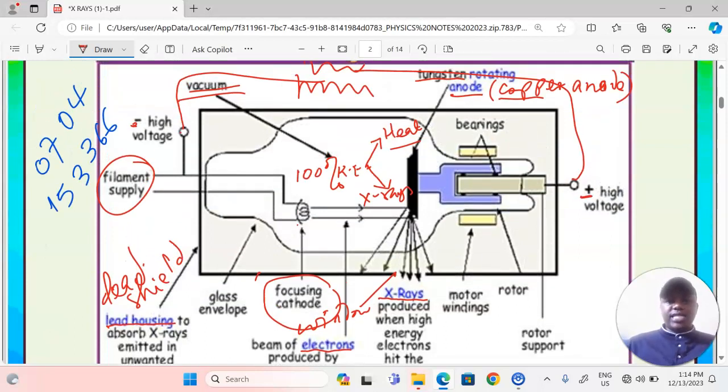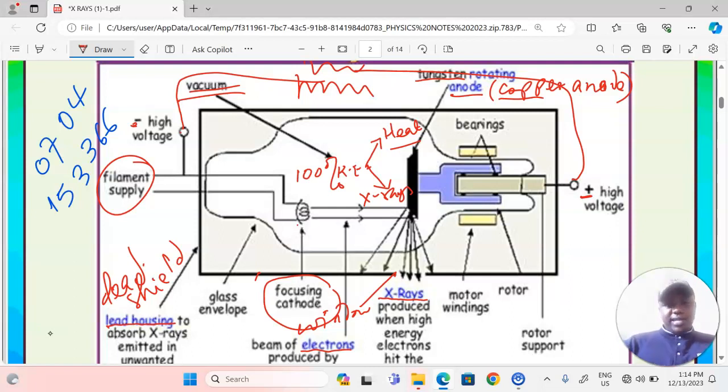It's good to also mention that the target is made of tungsten, which is a material of very high melting point. And this material of high melting point ensures that it is able to withstand the great heat energy produced at the anode. So at the anode, I mentioned the energy conversion, whereby the total kinetic energy is converted to heat energy and a small percentage becoming X-rays.